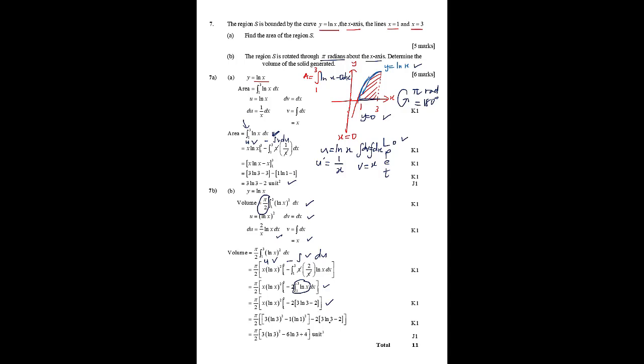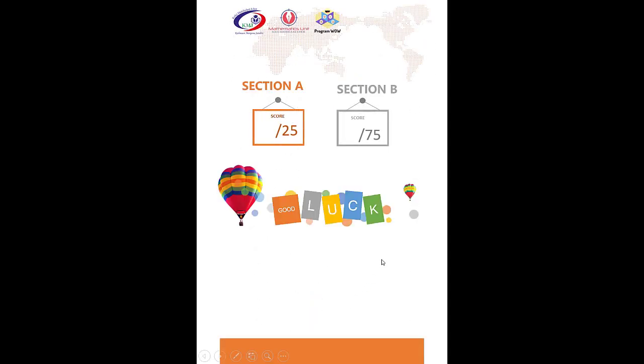Then you substitute the upper limit 3 minus the lower limit 1, and calculate the answer. Then remember to put the unit as unit cube. So that's all from me. Thank you.